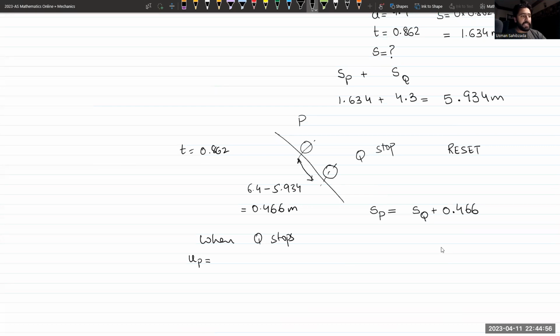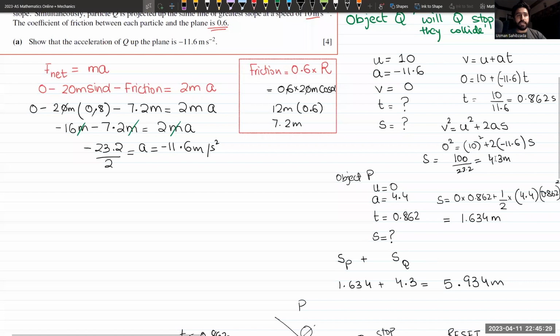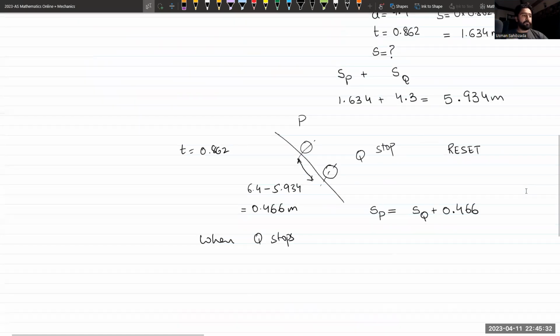Initial velocity of P will be equal to U plus AT, the original acceleration from the start, 4.4, times time 0.862. If this seems a bit odd, I can say the final velocity of P after 0.862 seconds in the previous part of the motion is the initial velocity for the next motion. So for this reason we can use V equals U plus AT for object P.